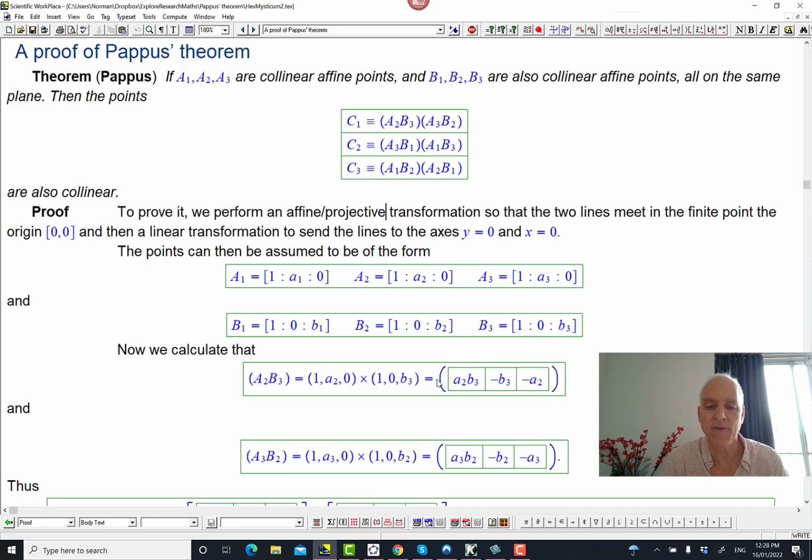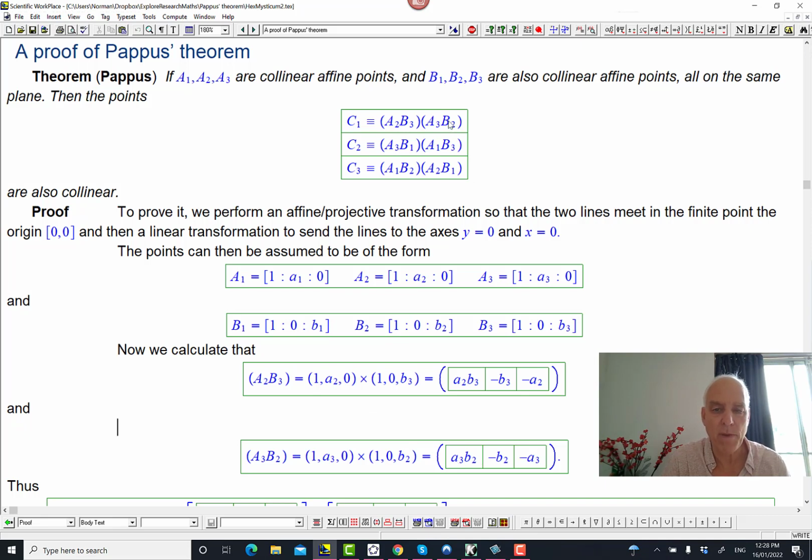We get this thing here. So this is really the equation of the line A2, B3 in projective coordinates. And correspondingly for A3, B2, same kind of thing, but now there's an A3 here and a B2, and we get the same kind of expression with the 3's and 2's interchanged.